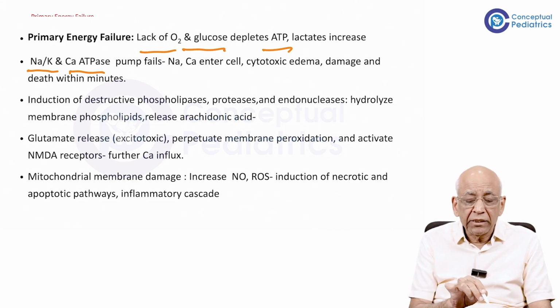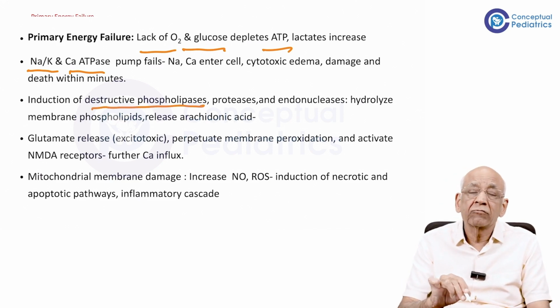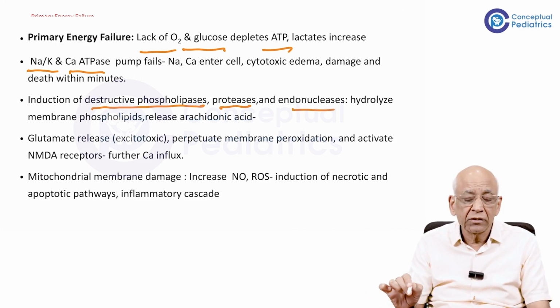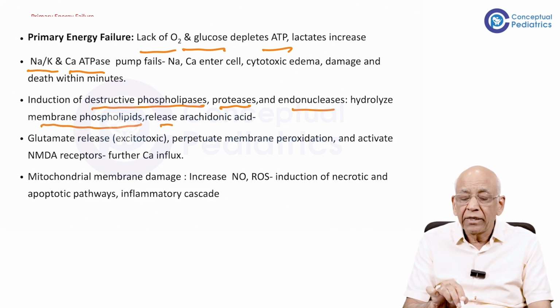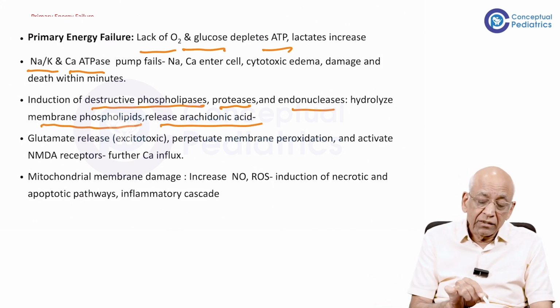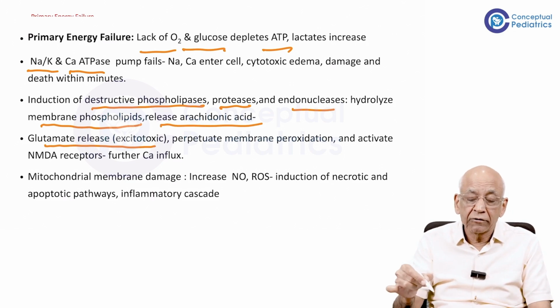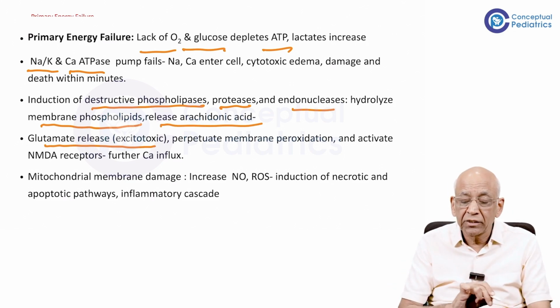Then there is induction of destructive phospholipases. Phospholipases are induced because of these changes. Proteases, endonucleases, they hydrolyze the membrane phospholipids and release arachidonic acid. And then there is a glutamate release because of loss of membrane potential. This glutamate is excitotoxic.